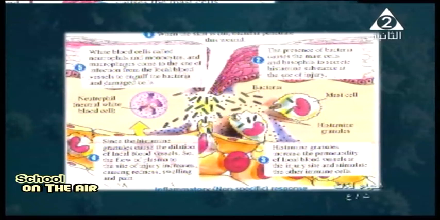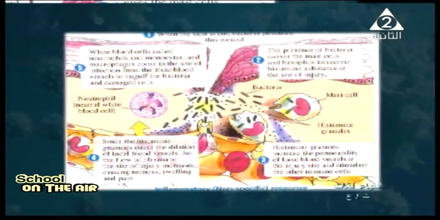If the cut happens, there is the presence of bacteria. Bacteria are found everywhere, in air, in water, and above our skin. This bacteria causes the mast cells and the basophils to secrete the histamine substance. What is histamine? This is a substance found in the skin.